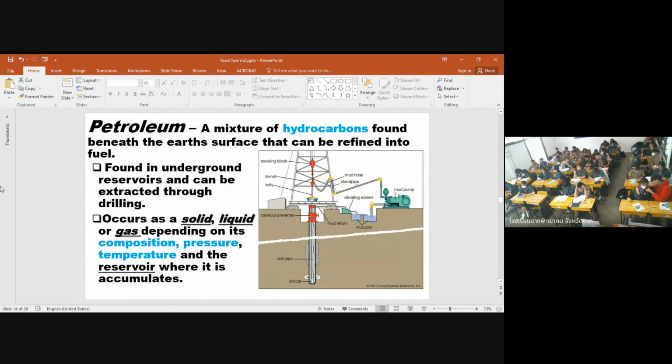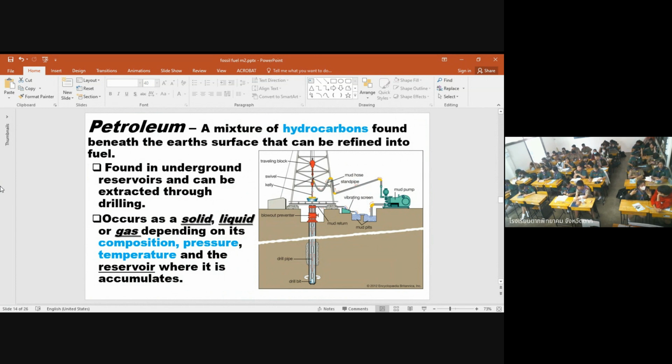Again, remember the first one is your coal, the second is your oil shale, and the third is your petroleum or petroleum gas. When we say petroleum, it is a mixture of hydrocarbons found beneath the Earth's surface that can be refined into fuel.